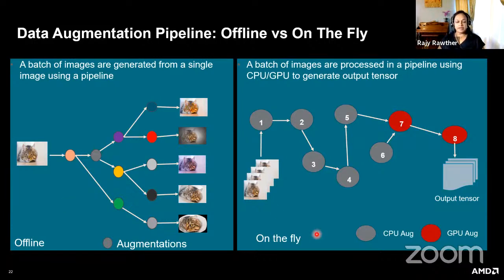The right hand side is the on-the-fly use case. A batch of images is given to a pipeline, and then on the fly it does a bunch of augmentations with certain random parameters, and you produce a batch of images at the output.